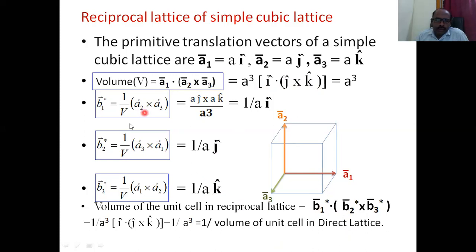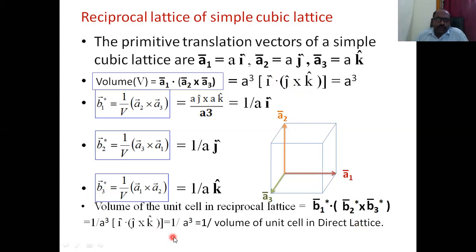In this case also, b1 is equal to 1 by a times i cap, b2 is 1 by a times j cap, and b3 is 1 by a times k cap. So we can write the 1 by a's before the product. Three 1 by a's are there and their product. Therefore, we get 1 by a cube into i dot j cross k. So that is 1.